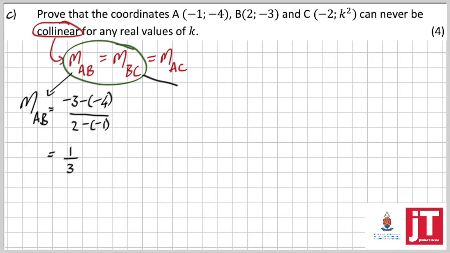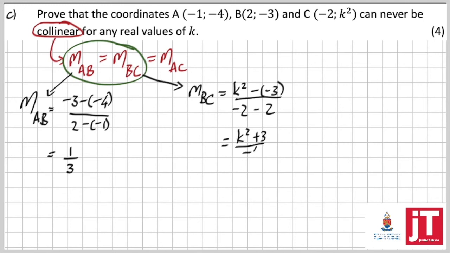If I look at now the gradient between B and C, I'm again just using what they give me. If I simplify that, I get (k squared plus 3) over negative 4. But what do I know about collinearity? Well, with collinearity, those two gradients must be the same. So now, ladies and gents, I'm basically going to prove that this equation doesn't have real solutions, because if they have real solutions, then it will be collinear.